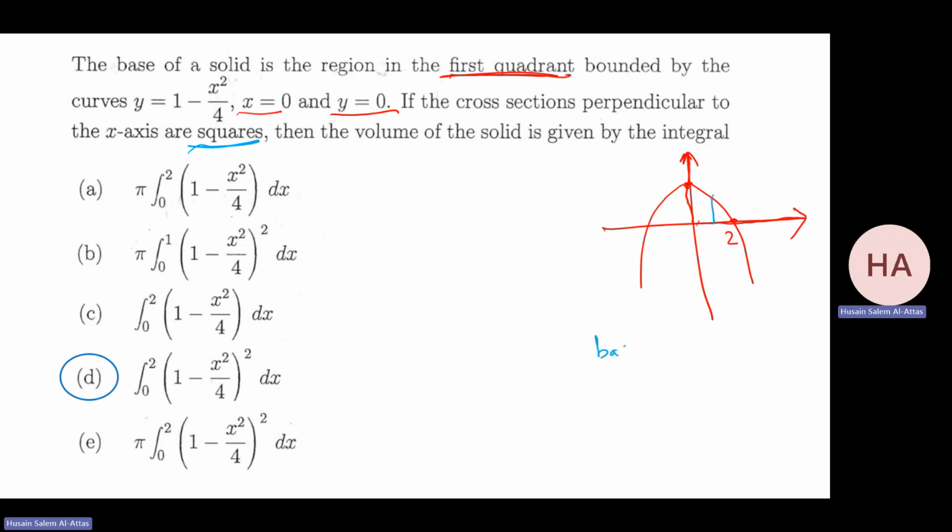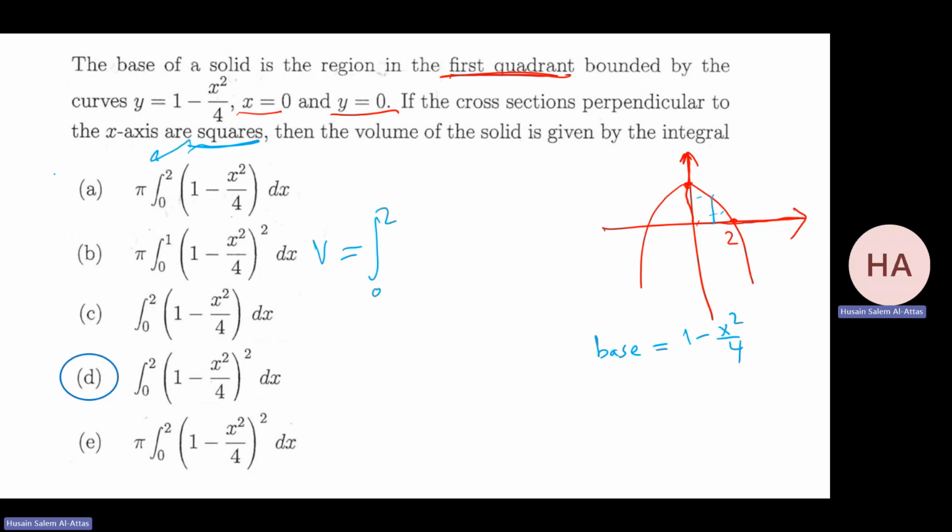The base will be what? 1 minus x squared over 4, minus 0. And from where to where? From 0 to 2, because I need only this region. So the volume will be the integral from 0 to 2.